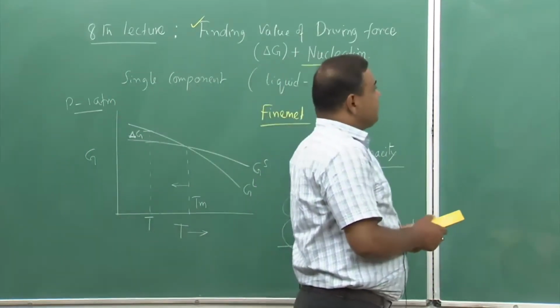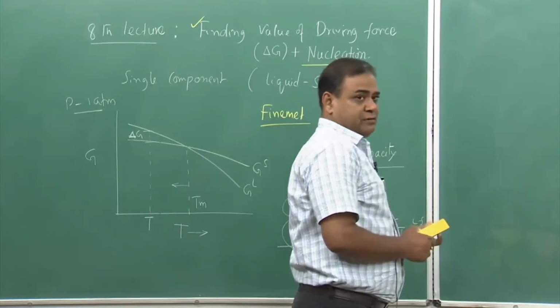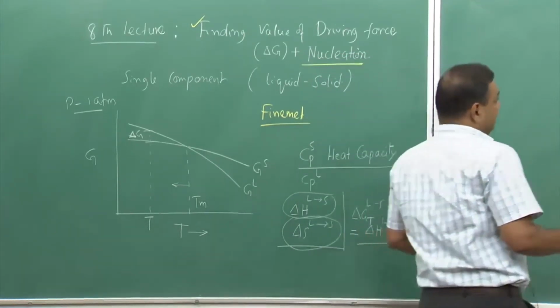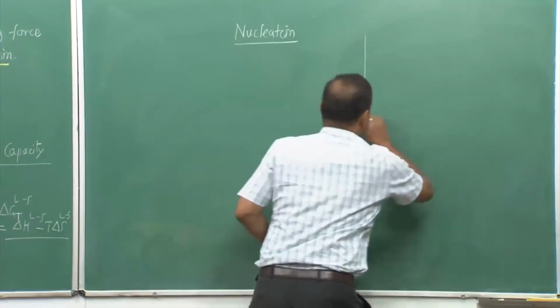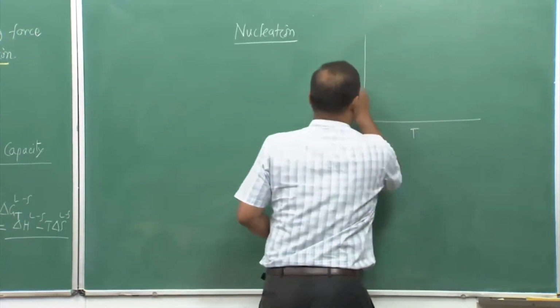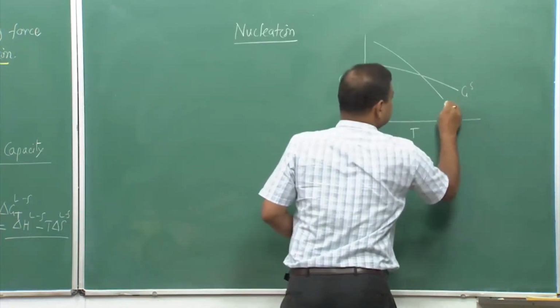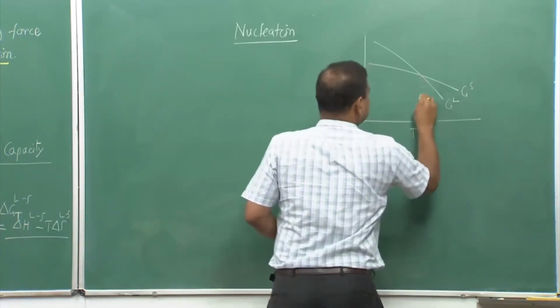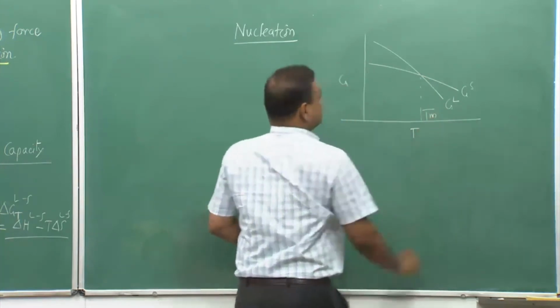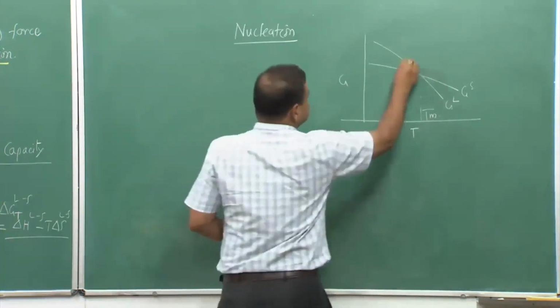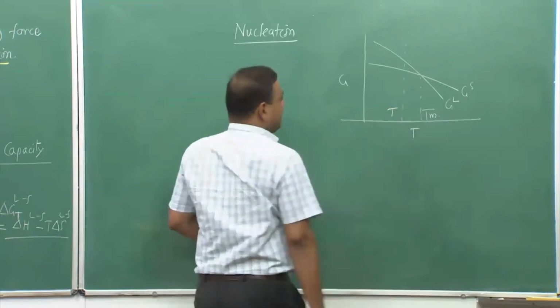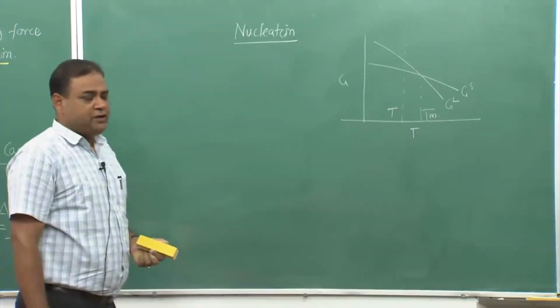And when we do simple pure metal solidification, I am just drawing the same plot again, temperature, G, now let us say at this particular temperature I have a solid. Okay.